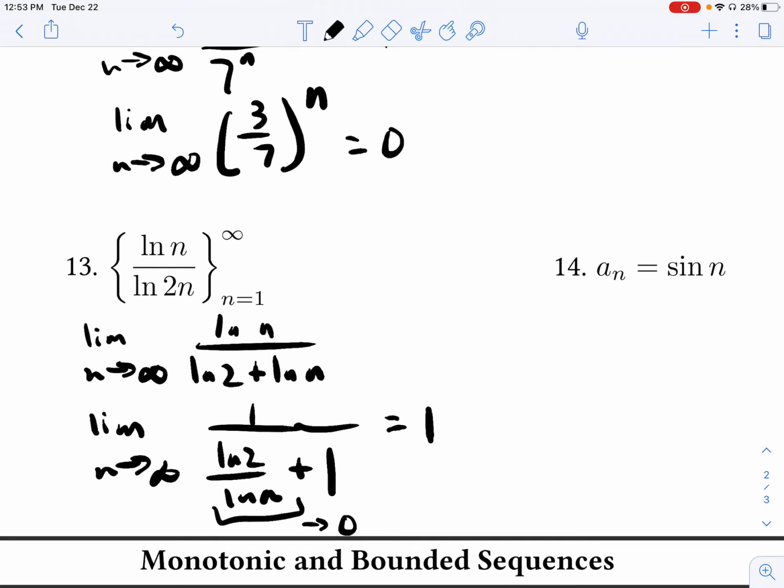So using log properties, I rewrote that function and then divided both the numerator and denominator by the natural log of n, which allows me to just say that my limit is 1. So this one also converges to 1, meaning over time, the terms of this sequence are going to get closer and closer to 1. This sequence converges to 1.